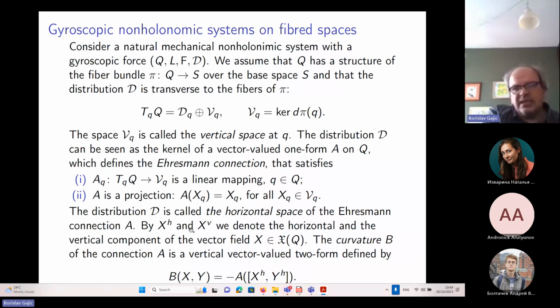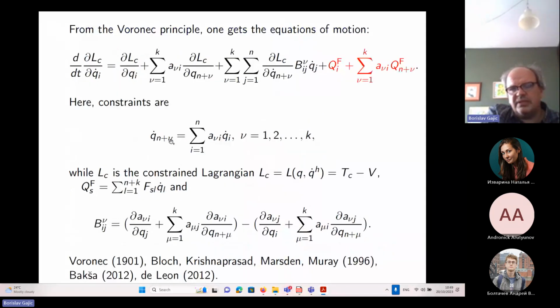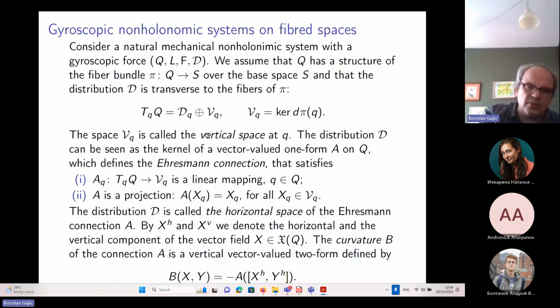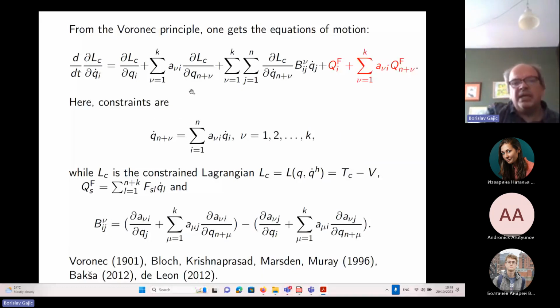In this case, Voronets used this special case where we have this structure of a fiber bundle. He looked, of course, locally, in local coordinates. Our Q has dimension n plus k, with k non-holonomic constraints, and he considered the case where the velocities q dot n+1 to n+k can be found as linear functions of the corresponding generalized velocities q1 dot to qn dot.